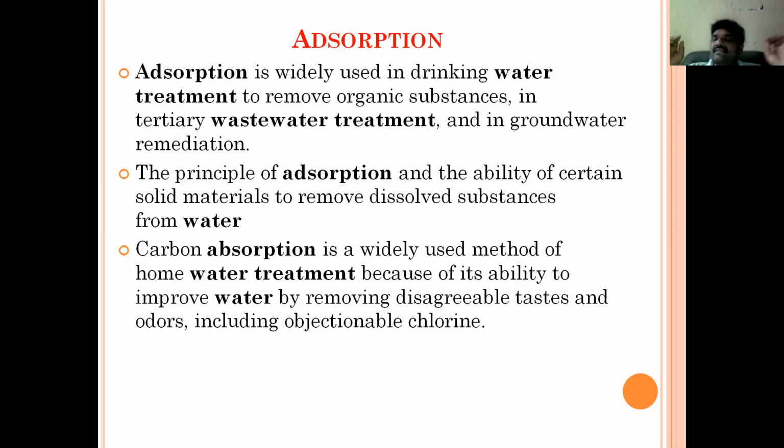The substances that are used in this process are called adsorbents. Examples of adsorbents are activated carbon, silica gel, zeolite, etc. These materials are trying to make bonds. What is the tendency of these materials? They are trying to make bonds. Why?